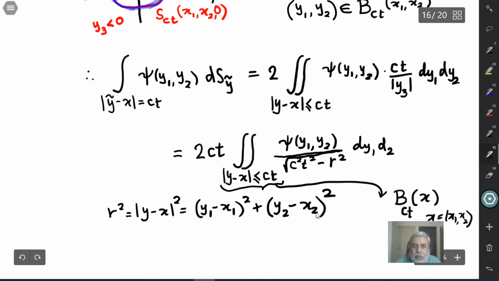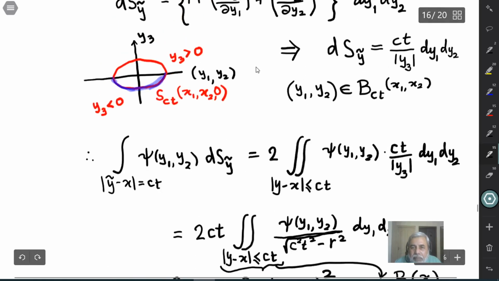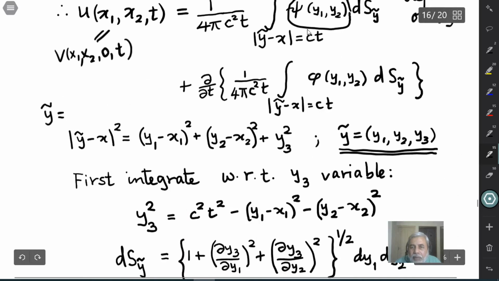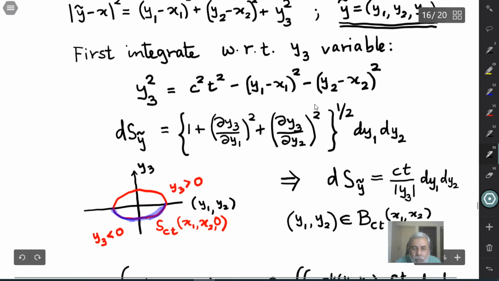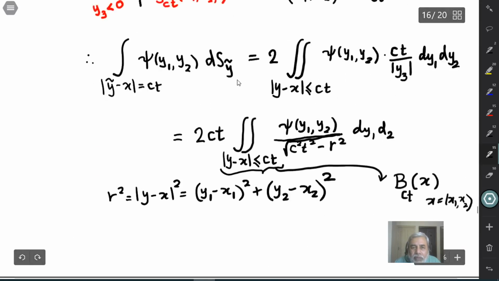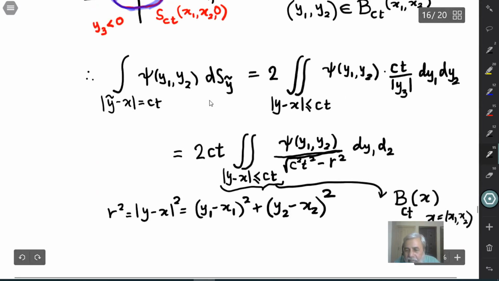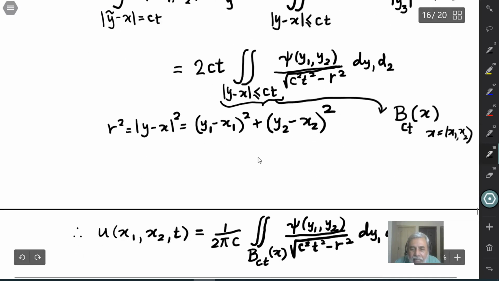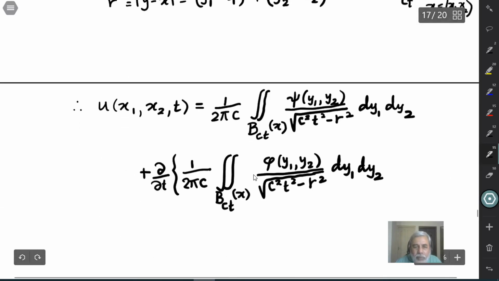Similarly for the other integral, I replaced by phi there. So we have another one here. If you put back all this expression, we have converted this surface integral and written it as a double integral, and finally we obtain this solution.